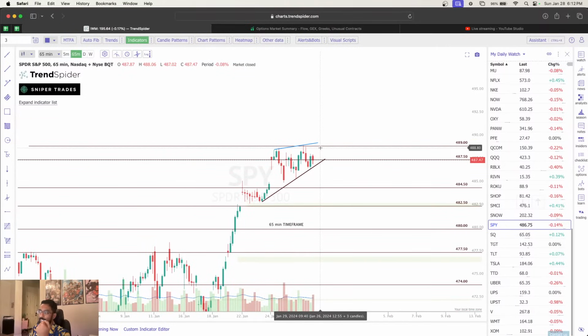It's still active. It can still work out in bears' favor as long as this trend line is broken and there is a bear gap that is open. I don't know what futures are doing right now. I did see them when they opened. They were down about 0.26% or so.